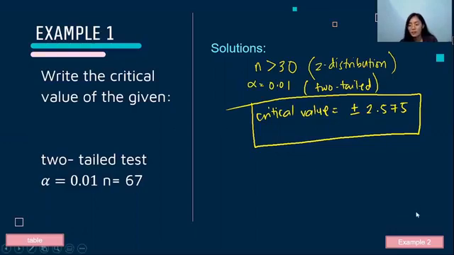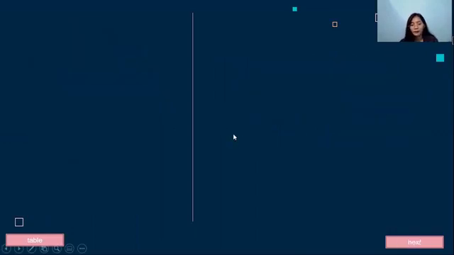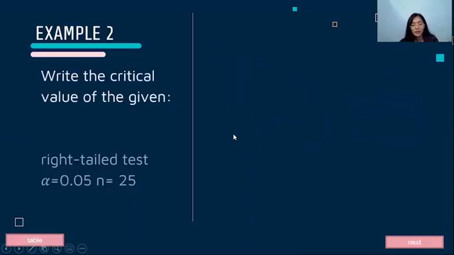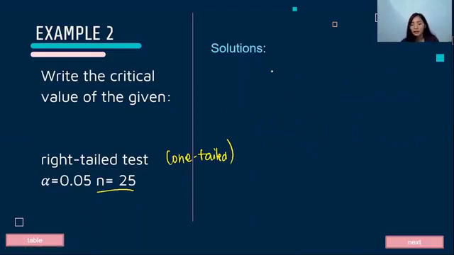Now let's have our example number 2. It is a right-tailed test, meaning we have a one-tailed test here, with an alpha equal to 0.05 and sample size equal to 25. As you can see here, our n is less than 30.